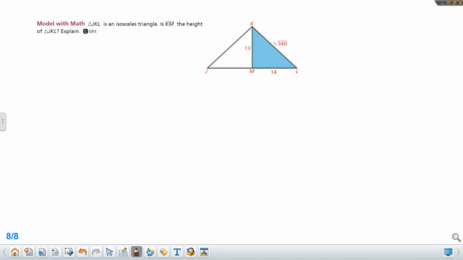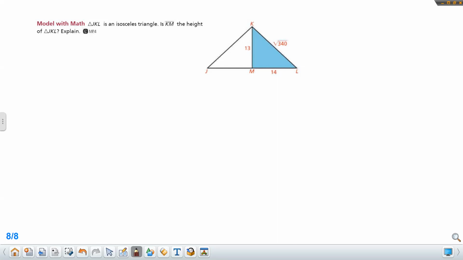Triangle JKL is an isosceles triangle. Is KM the height of triangle JKL or not? How do we determine whether KM is a height or not? What's the meaning of height? The height, guys, is a line which is perpendicular to another line.